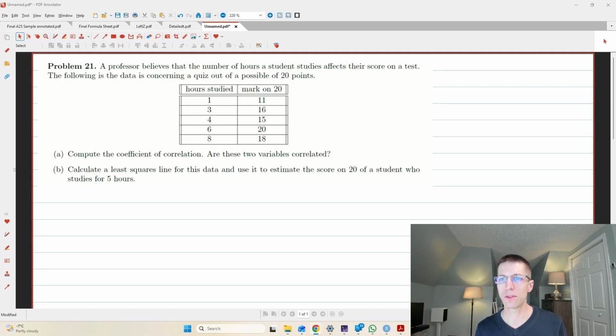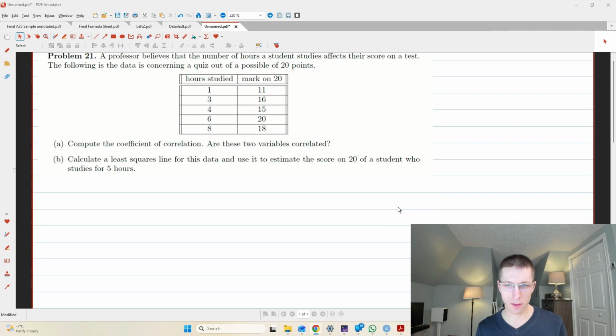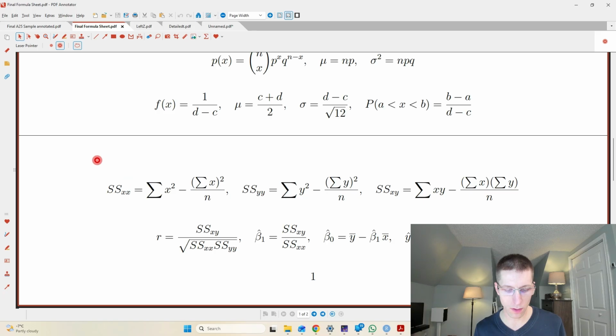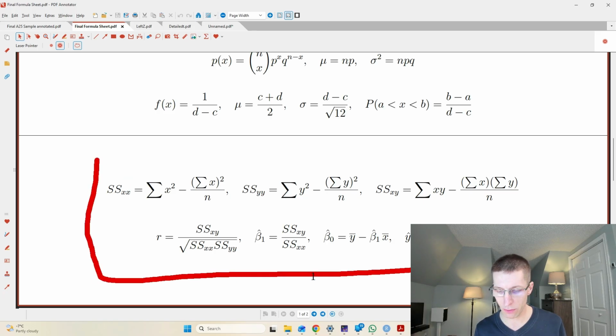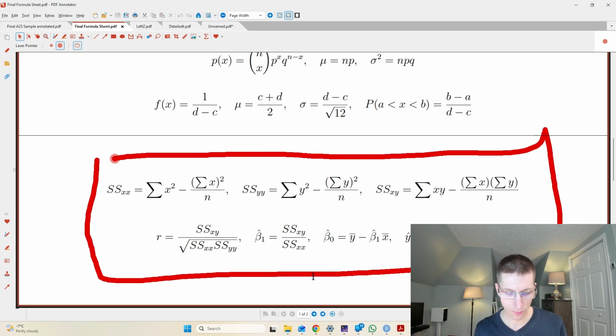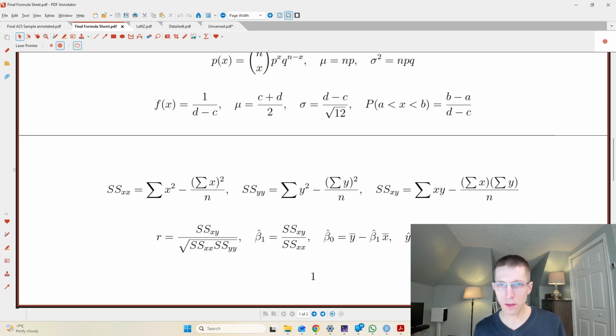So let's follow the formulas. The formulas are all at the bottom of page 1. All these ones are regression formulas. What I like to do is make a little table.